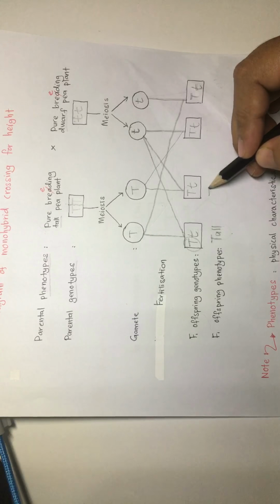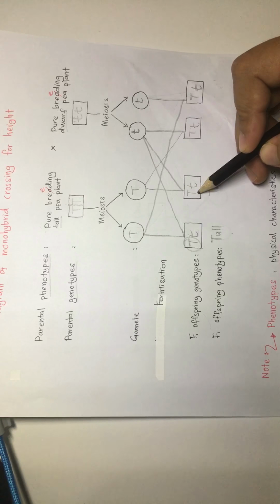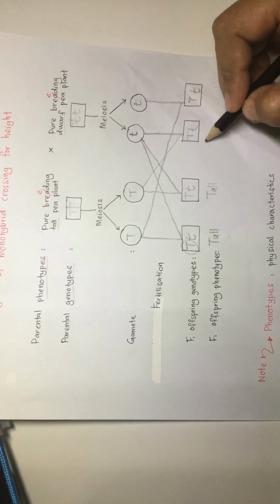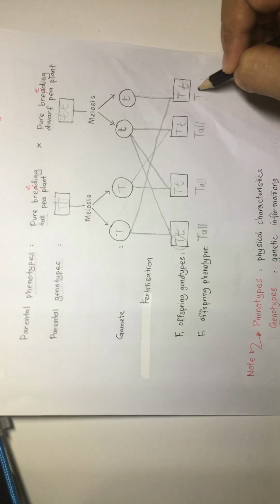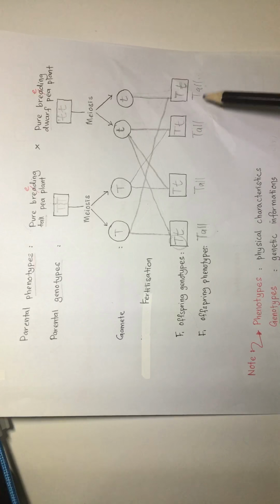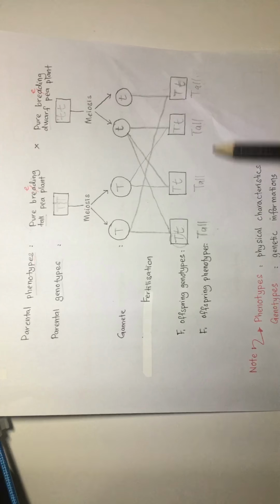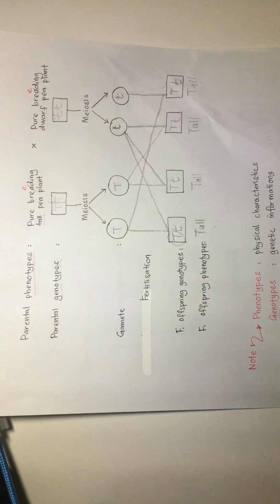This one also tall because it has one dominant, and this one also tall. So now all four new individuals produced have the tall trait.